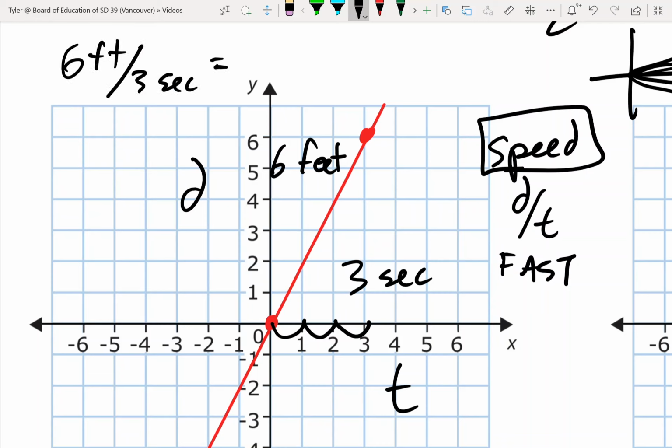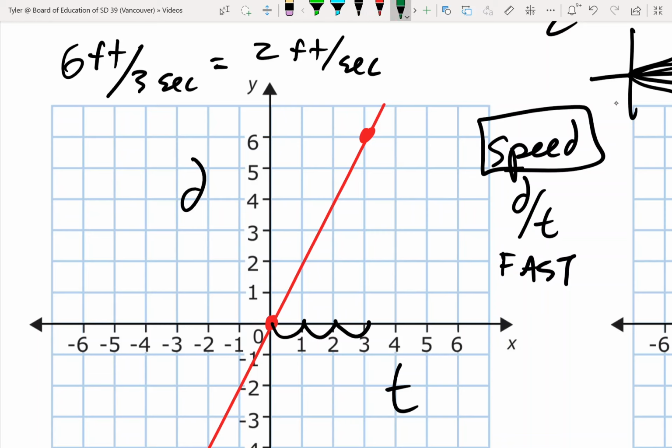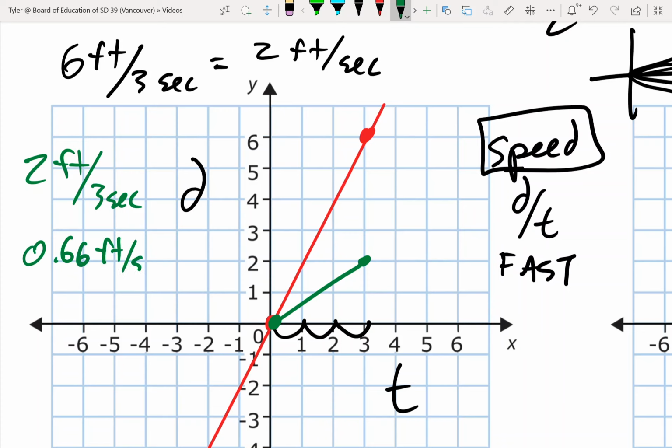Most of you would divide that and turn it into 2 feet per second. Now if I had a different person, we'll draw them right here, okay? They clearly went 2 feet in 3 seconds. So really they went less than a foot per second, right? You could divide that, you'd get 0.66 feet per second.